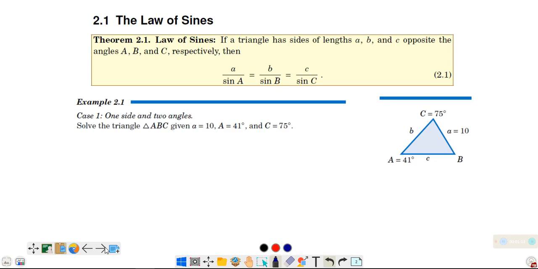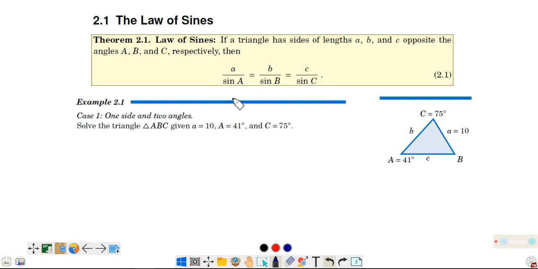If a triangle has sides of lengths A, B, and C, opposite the angles, angle A, angle B, and angle C, respectively, then side A over sine angle A is equal to the ratio of side B over sine angle B, which is also equal to side C over sine of angle C.